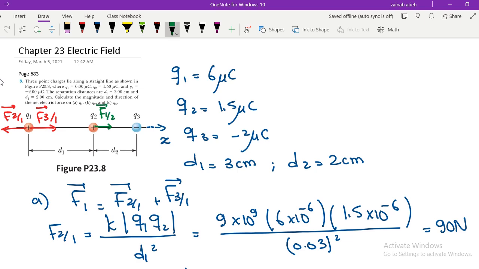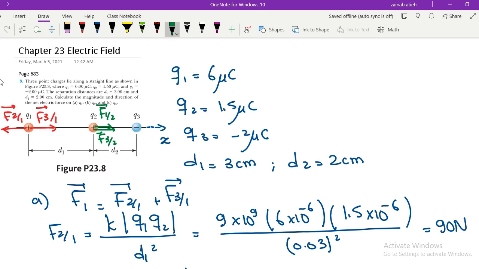Now the force exerted by 3 on 2 is an attractive force. Why attractive? Because 3 and 2 are one plus and one minus, so Q3 pulls Q2 toward it. It will be like this. This is the force exerted by 3 on 2.